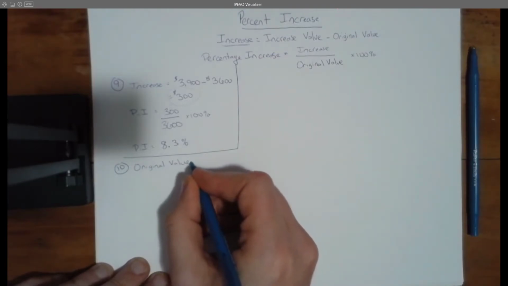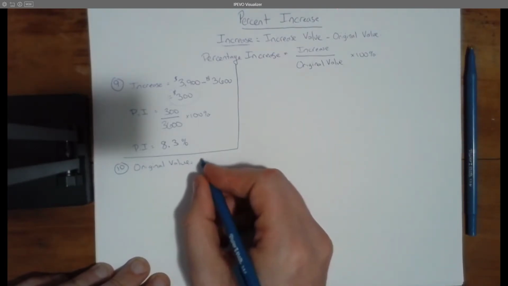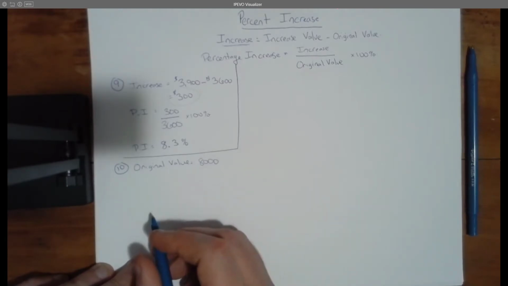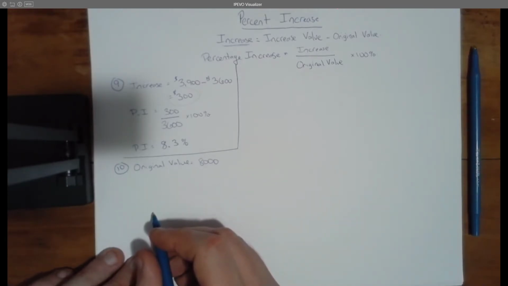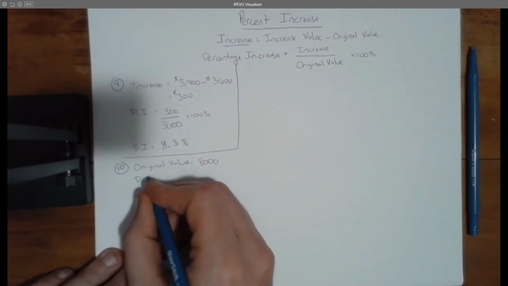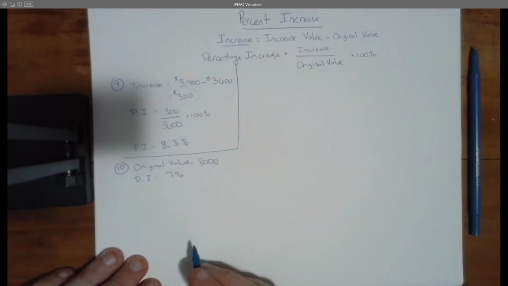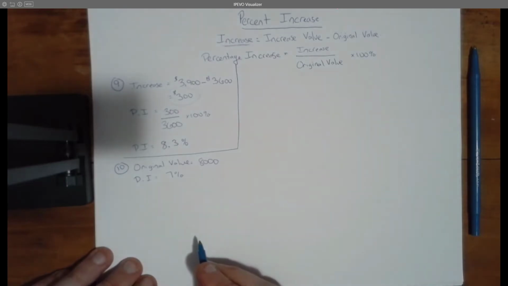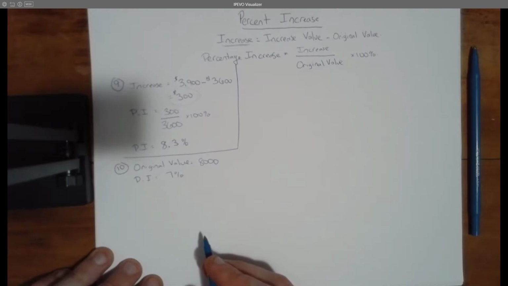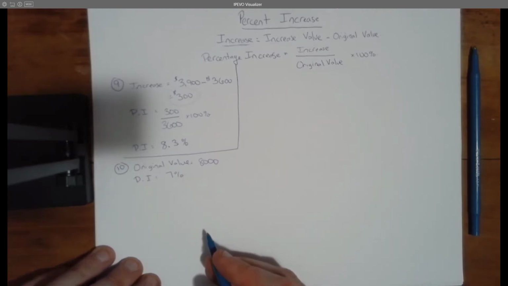Original value is 8,000. We know that this week 7% more copies were sold. So our percent increase is 7%. And now what we have to figure out is how many copies were sold. We have to figure out the increased value, and we do that by first figuring out the increase.